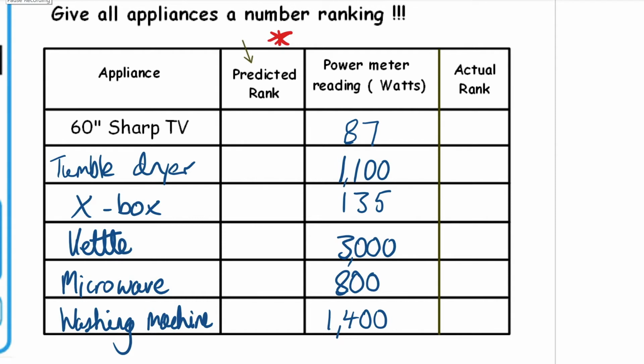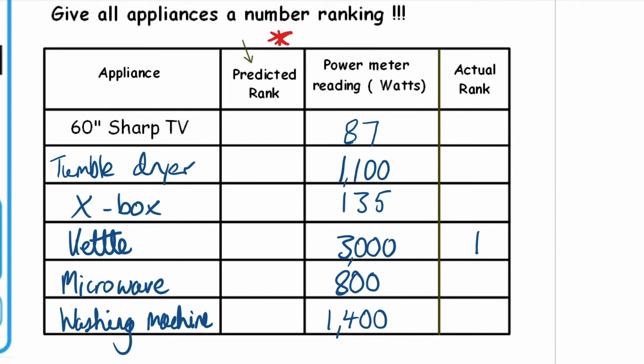Now you should have filled in that predicted rank column. You compare against the actual power ratings of the appliances, and you can see the kettle's with the highest power rating at 3000.